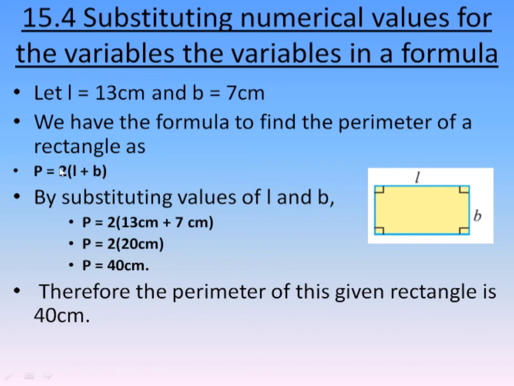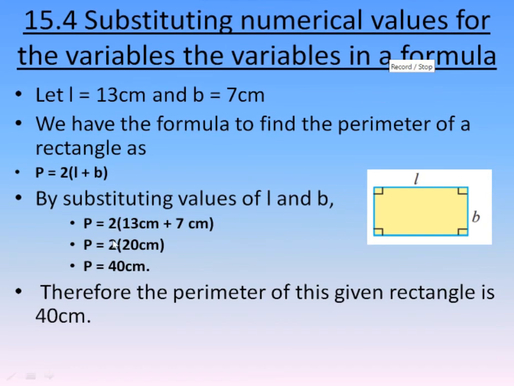P equals 2 into, 13 centimeters plus 7 centimeters. P equals 2 times 20 centimeters. P equals 40 centimeters. So the perimeter of the given rectangle is 40 centimeters.